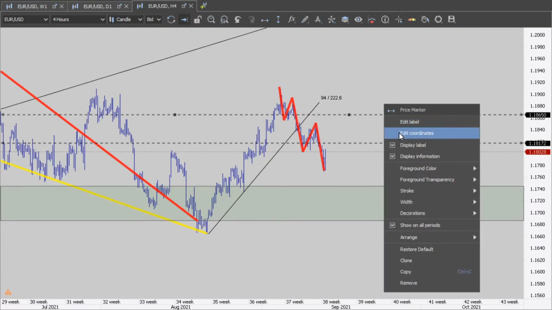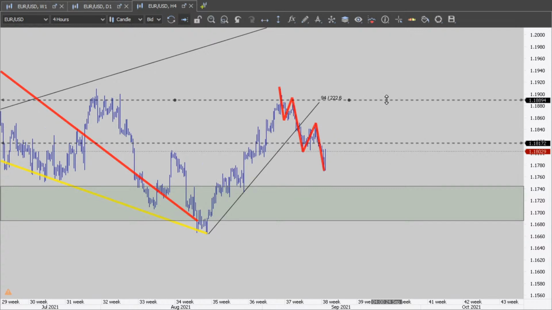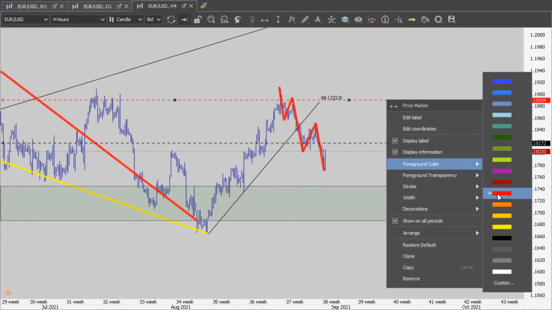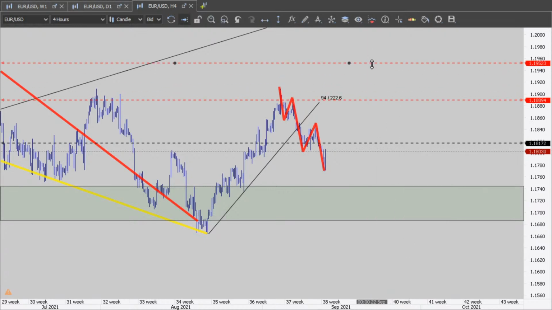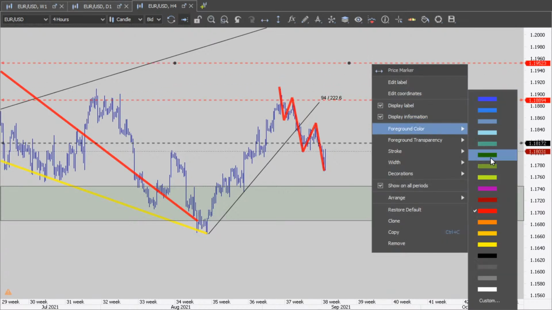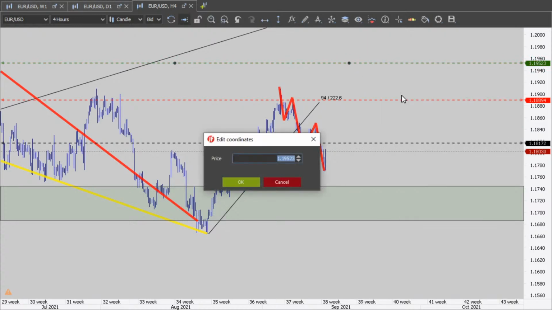Stop loss at 1.18894. Take profit is 1.16750.